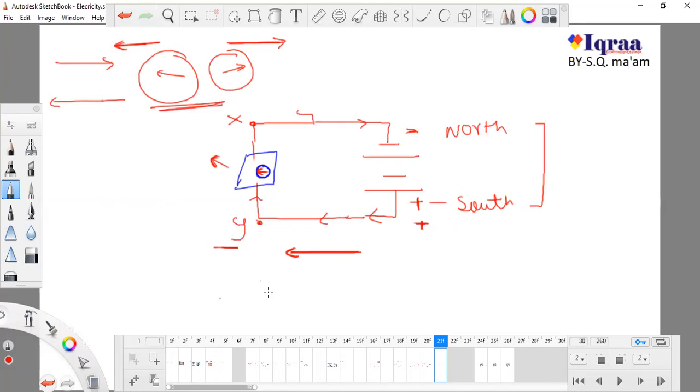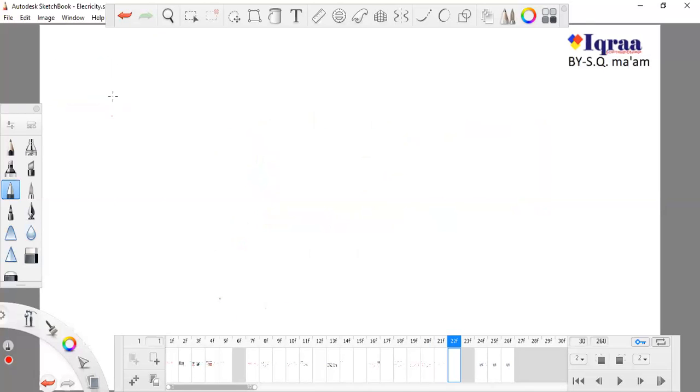As the direction of electricity changes, you can use any direction, electricity produces some effect.